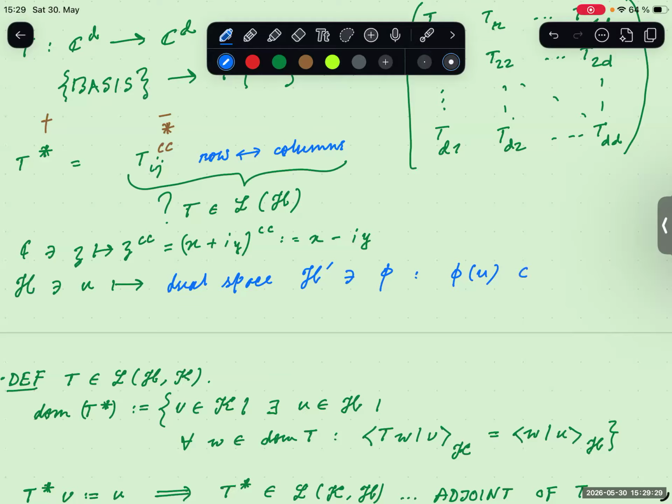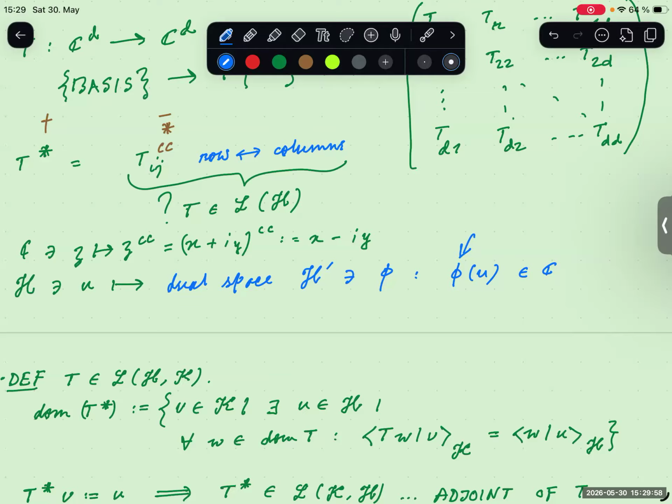And this is a number, a complex number. So according to your suggestion, we should consider phi as a complex conjugation of u. Am I right? Exactly. Okay, very good idea.